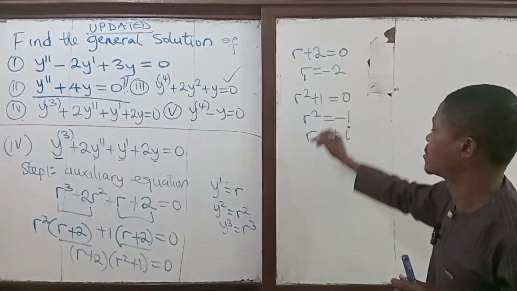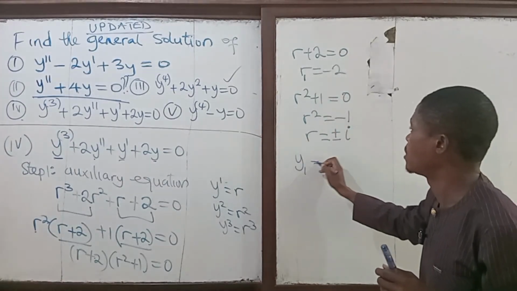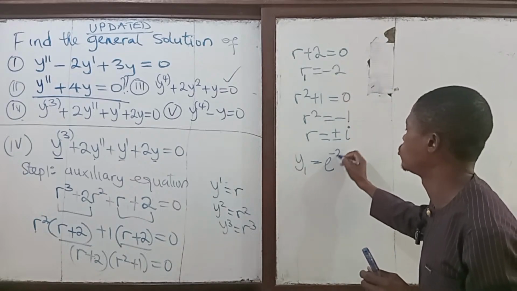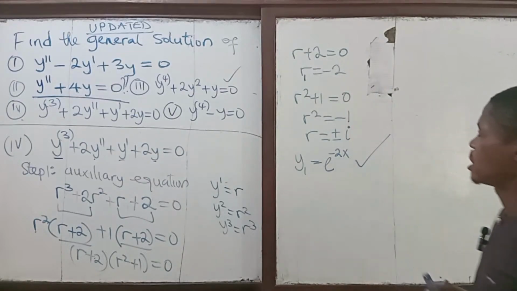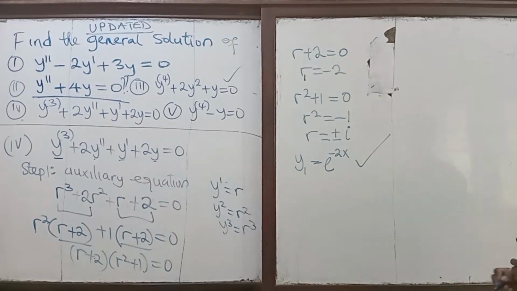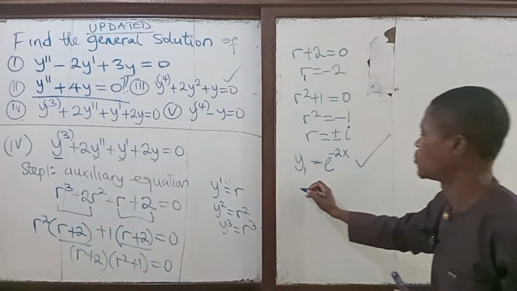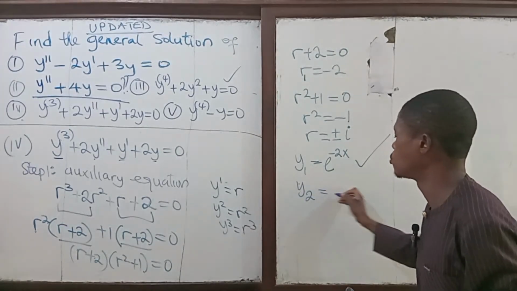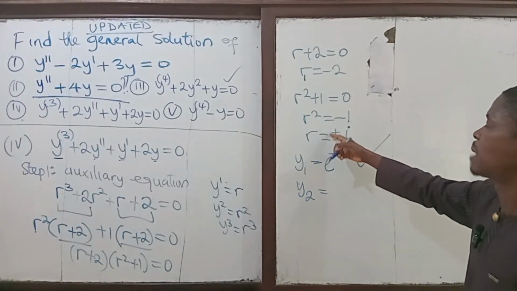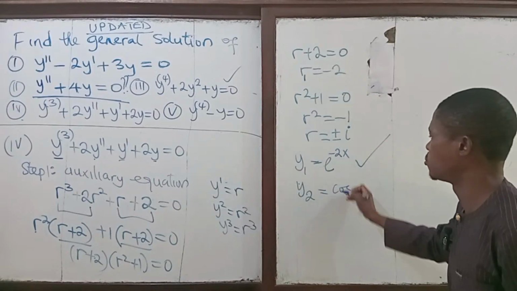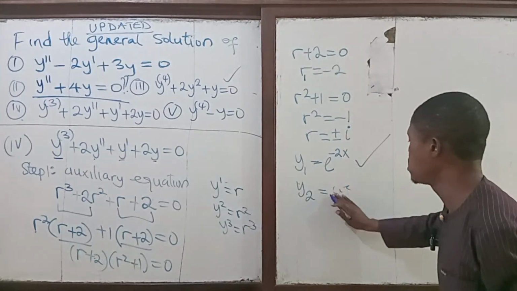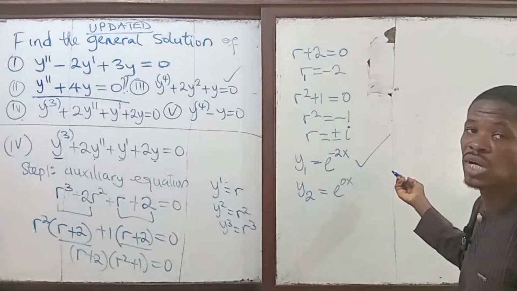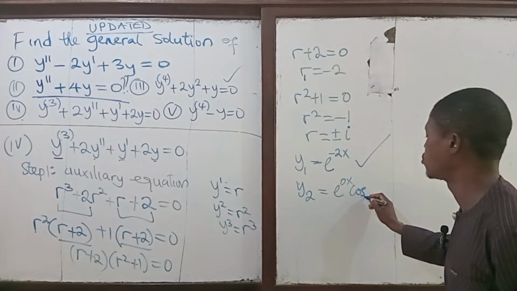So we can get y1. For r1 equal to minus 2, the solution will be e to the power minus 2x. That's for the first one. For this complex number, we continue with the solution. y2, once you don't have the real part, is e to the power 0 times x, which is 1, times cos beta x.